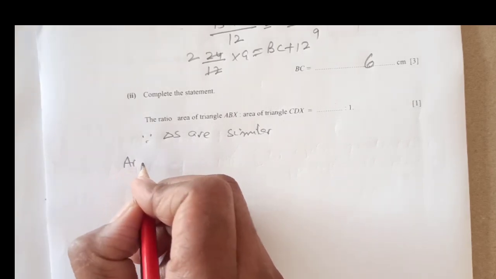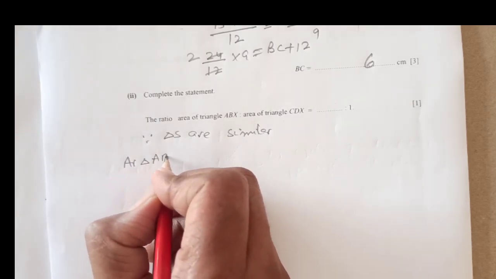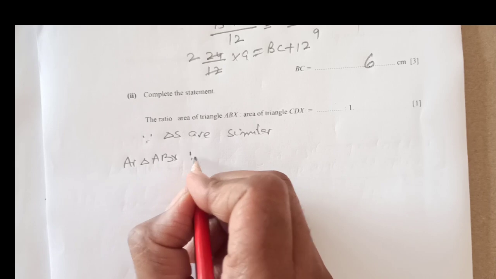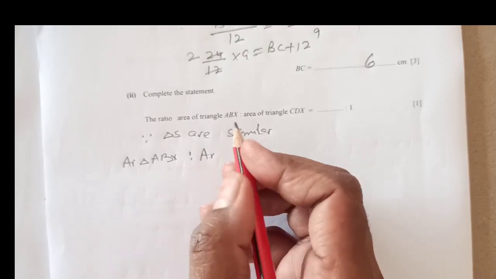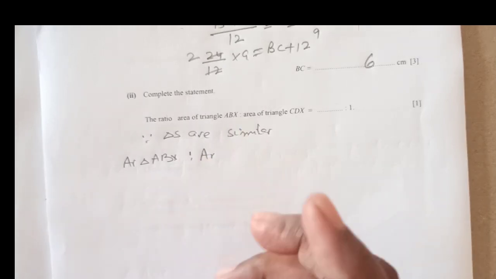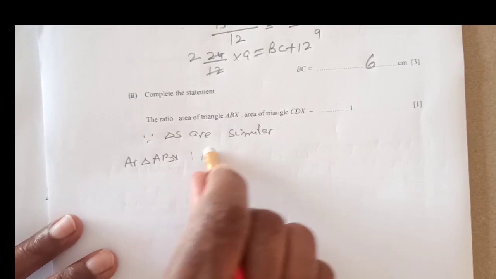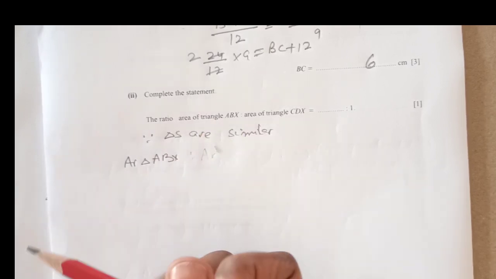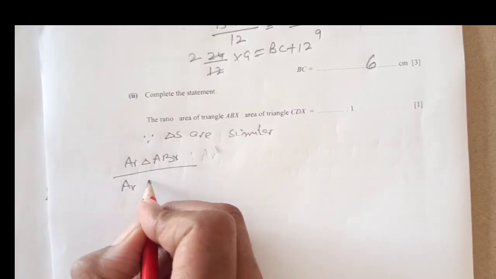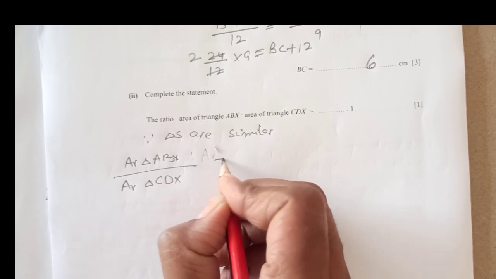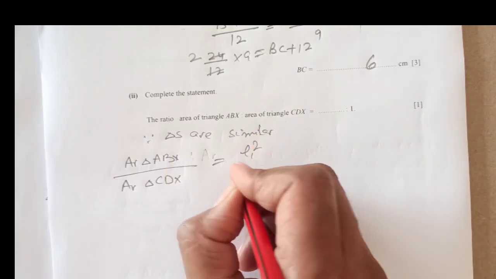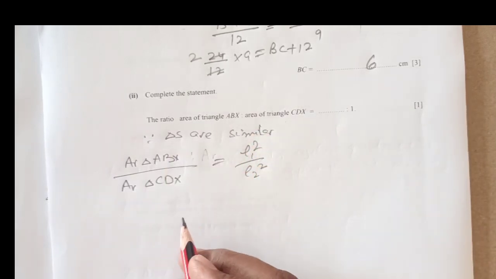So area of triangle ABX over area of triangle CDX, let me write it as a fraction, will be length 1 squared over length 2 squared, right?